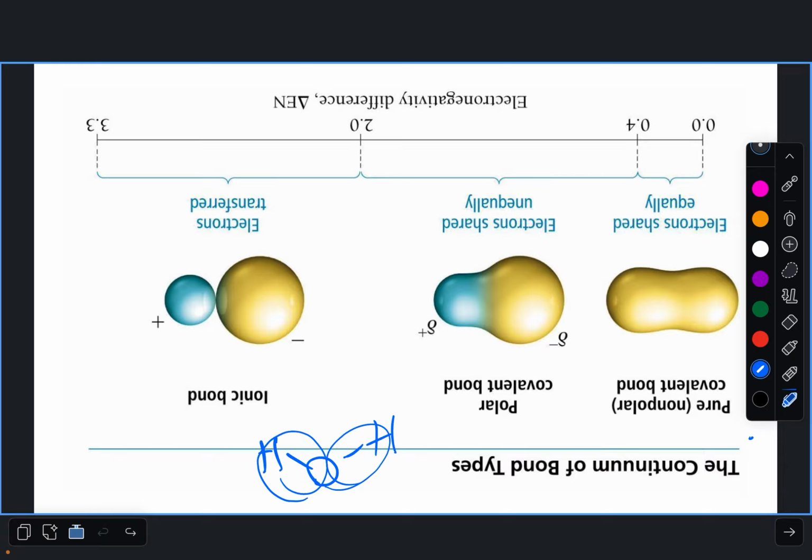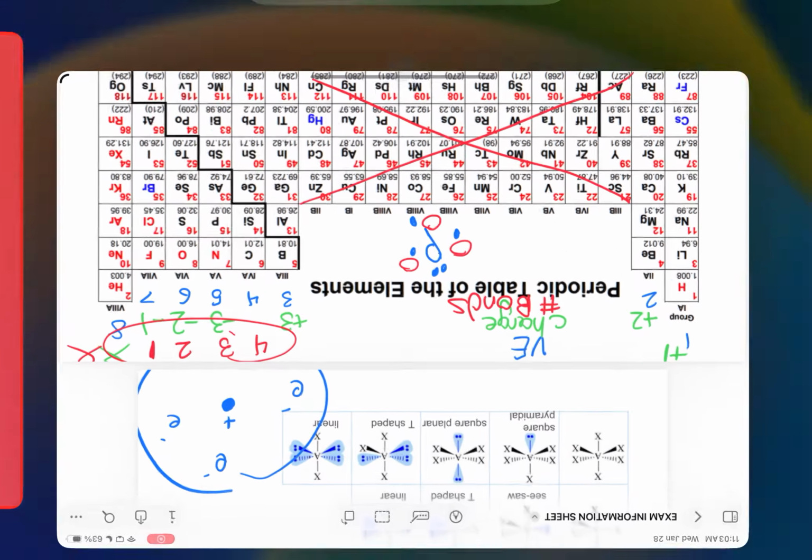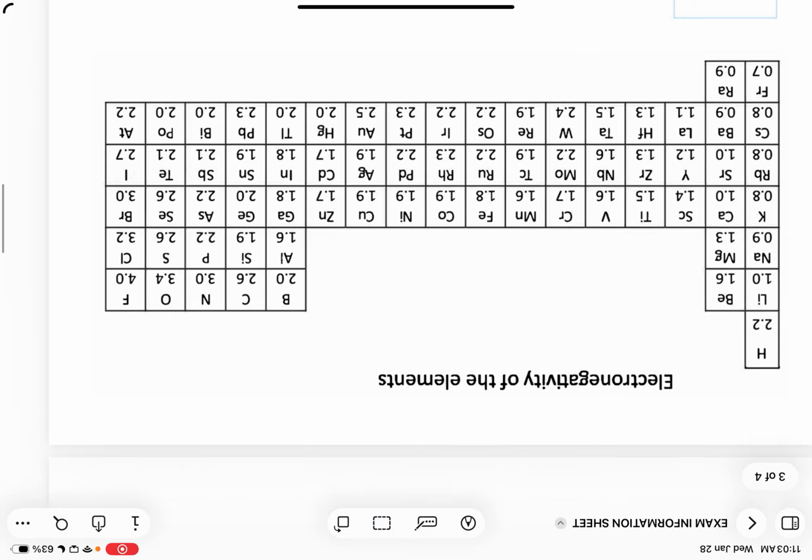So I want to make sure that we're clear before we move on to that soon, probably in chapter 11, that we're clear on what a polar bond is to start with, okay? So this all relies on the idea of electronegativity, which the table is in your exam equation sheet. Let's switch over right here, okay?